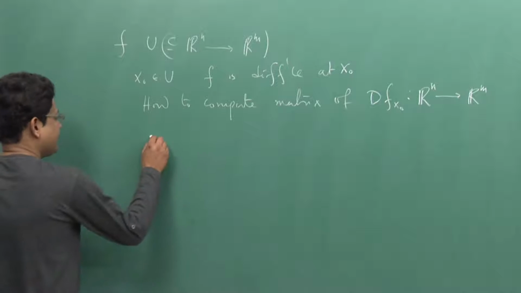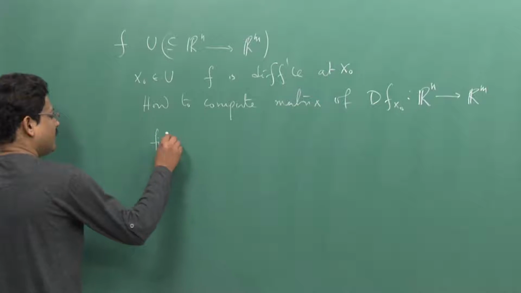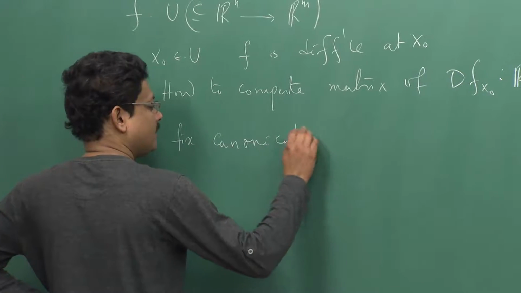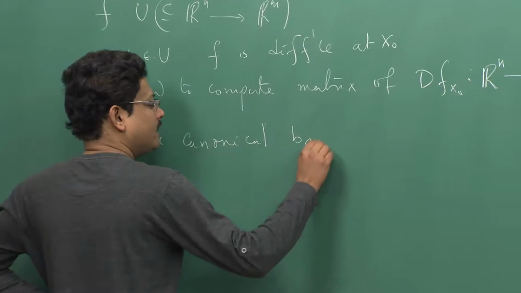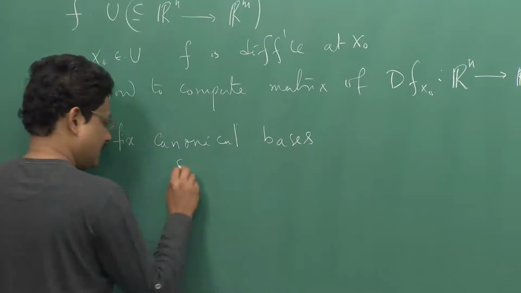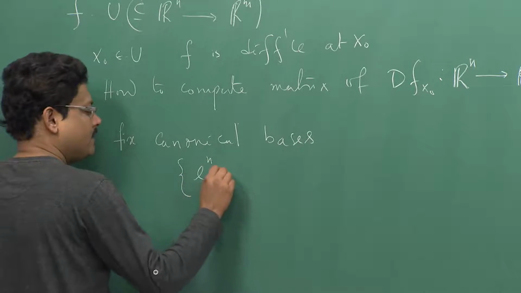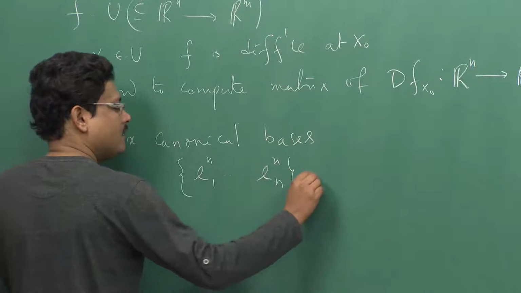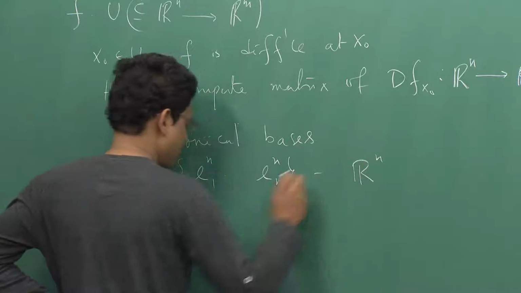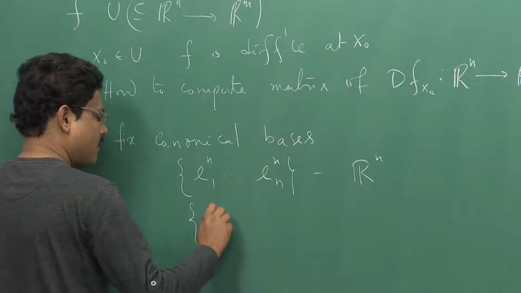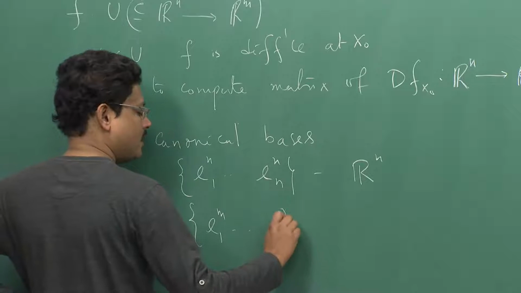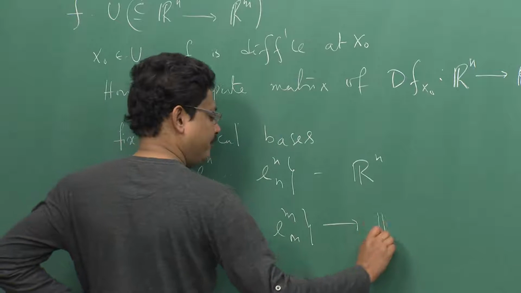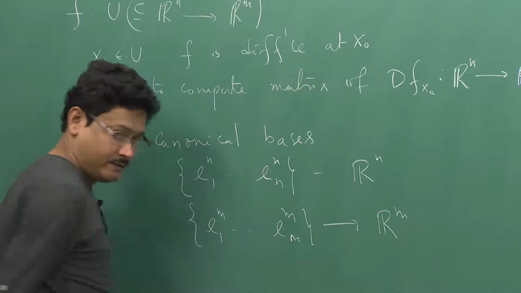So, if I fix the canonical basis, e1 n up to e n n, this is for Rn, and e1 m up to e m m, this is for Rm, correct.